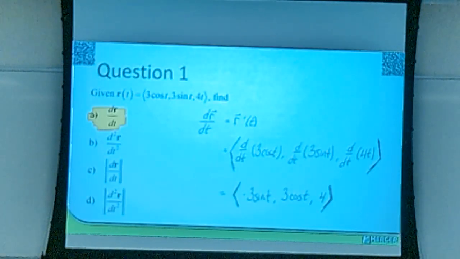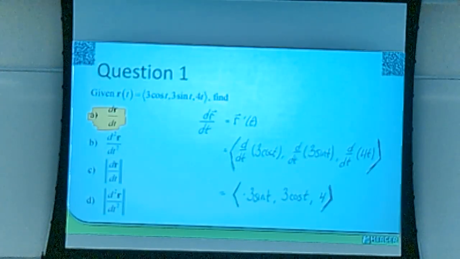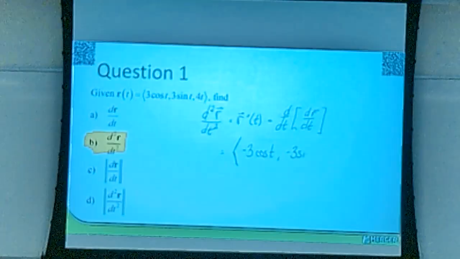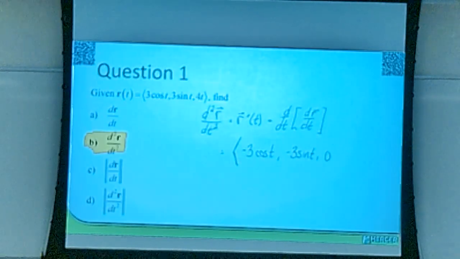Negative 3 cosine t. Derivative of the second component? Derivative of the third. There's the second derivative.